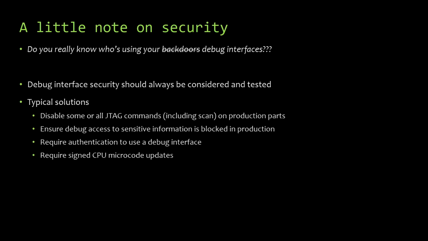Some examples of the security that I've seen in the past have been, for instance, to disable some or all of the JTAG commands on production parts. A typical way this is done is that there are fuses that exist on the silicon, basically one-time programmable memory. Once a part is configured for production, the fuse is blown, those instructions are disabled.